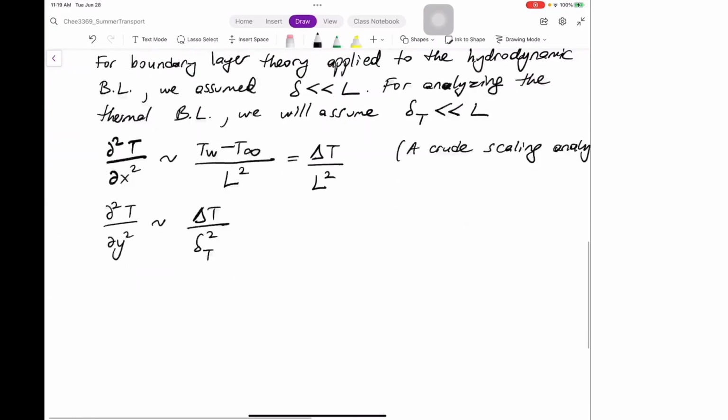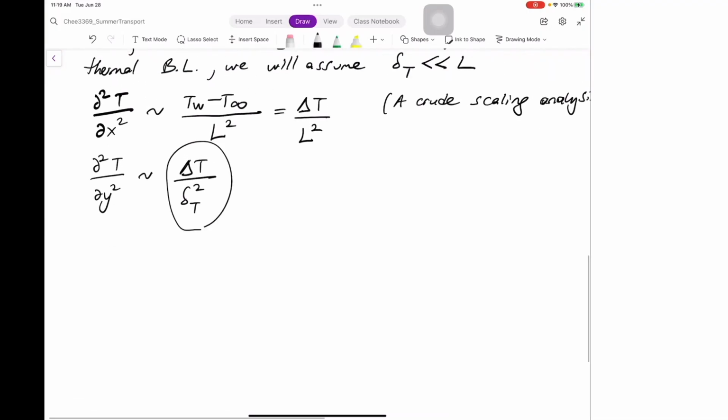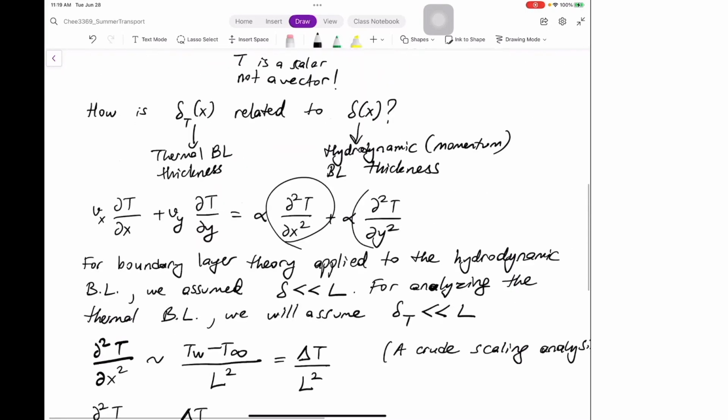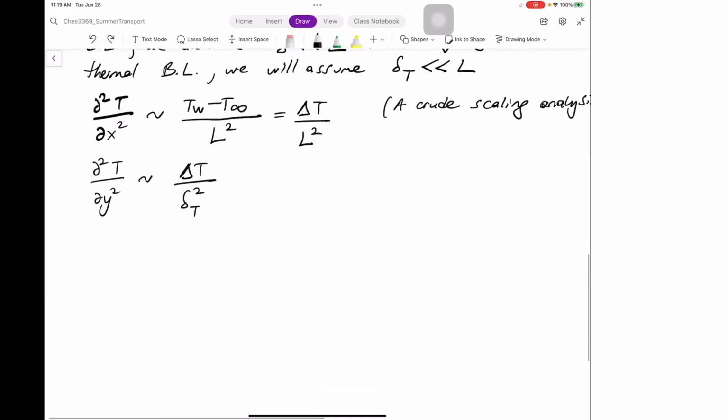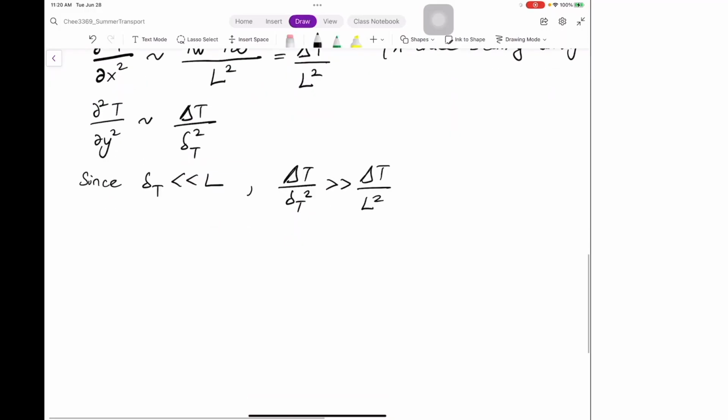Okay. Now, if you compare these two terms, you will see that this term is different, right? And since delta_T is much less than L, delta T over delta_T squared is going to be much greater than delta T over L squared, right?